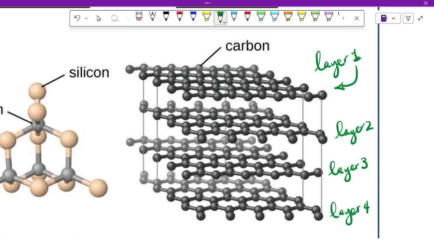In between the layers, we've got some weak forces. Can you guess what they might be?